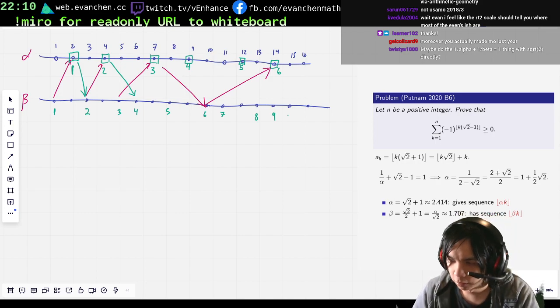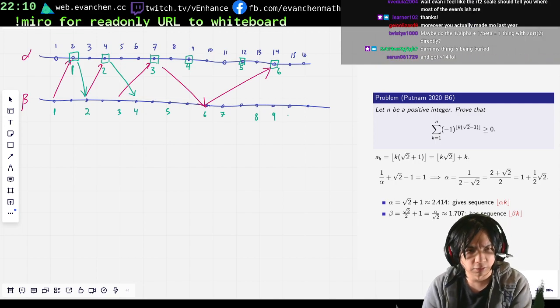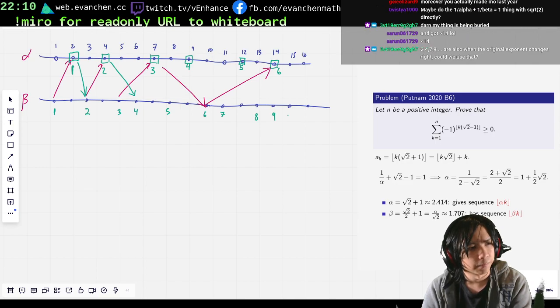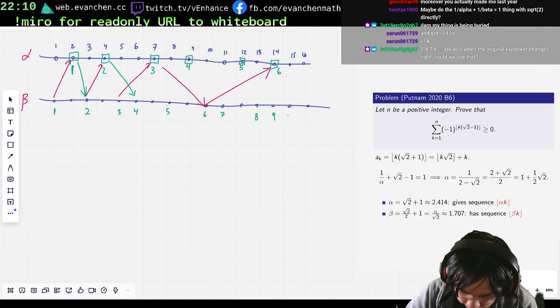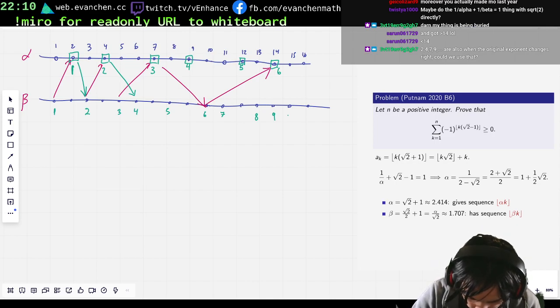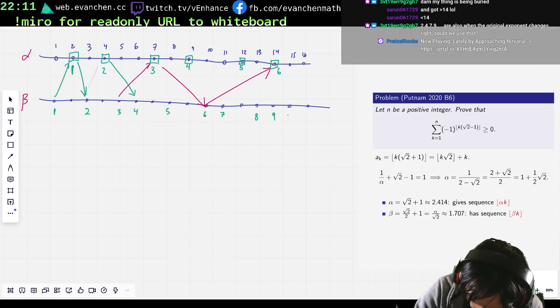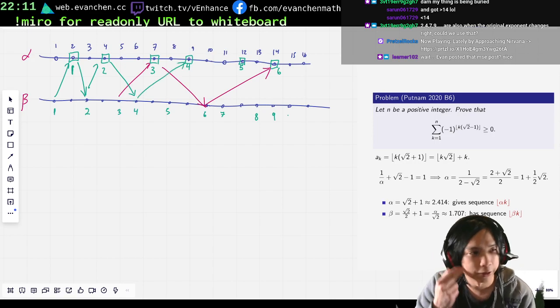With square root 2 directly? I don't see why it would help to do it with square root 2 directly, because the thing you get doesn't have the same thing. But I feel like these arrows should... Basically what happens is that the numbers should all get put into chains, and the chains are being amplified by square root 2. And I don't know. Part of the reason I'm doing this is I just can't see what else is even reasonable to do. What else are you going to do? You have the square root 2, you don't know anything about its binary digits.